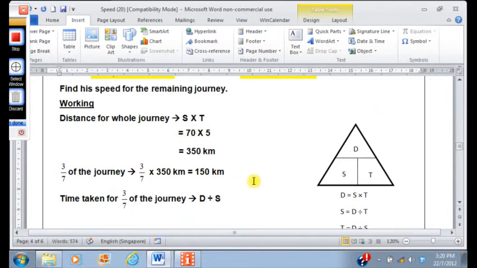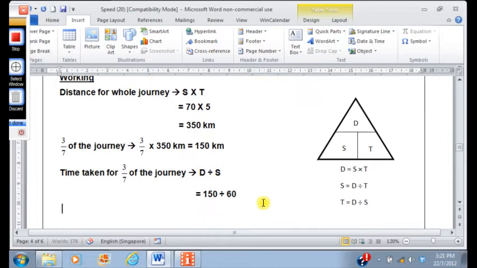Now the distance for 3/7 of the journey will be 150 kilometers divided by the speed will be 60 kilometers per hour.